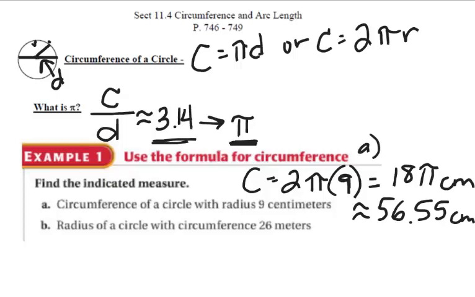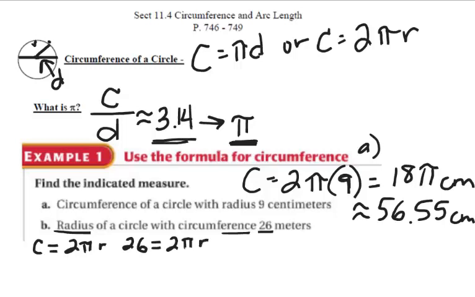Now if we do B, we use the formulas that you know, and then we're going to plug in what we have and solve for what we don't know. Circumference is 26. There's my circumference of 26. So I know that the circumference equals, we're looking for radius, so we're going to use the 2 pi r to find the radius. Plug in everything you know, 26, equals 2 pi times the radius.